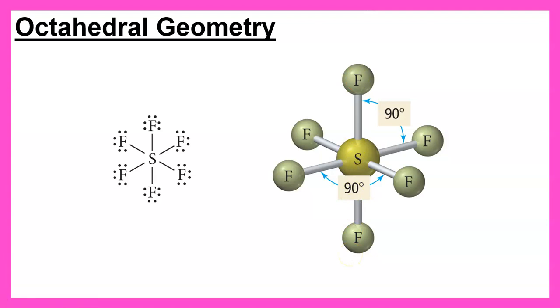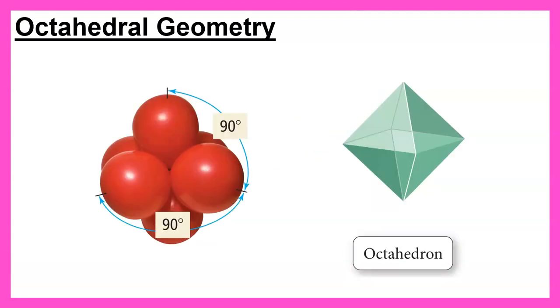And they spread themselves out nice and far apart. You get all these 90-degree angles. A lot of teachers will use these balloons to show you that they will naturally spread themselves out, and that's as far apart as they can really get without anything feeling crowded.